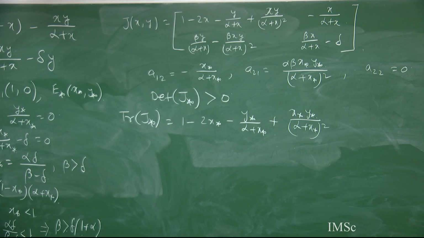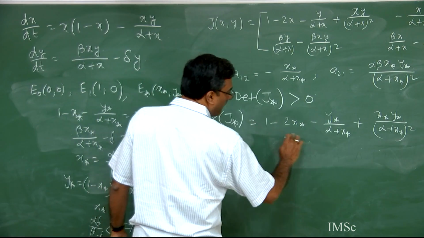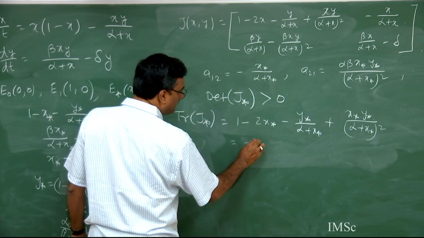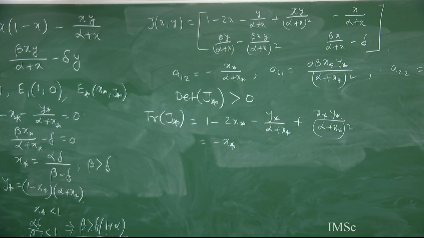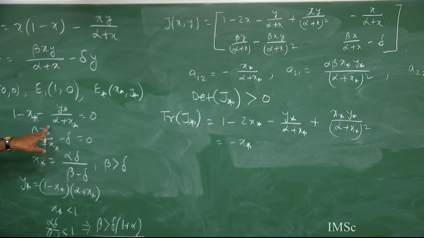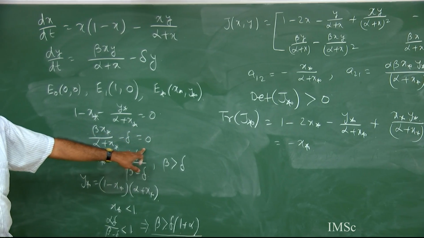First of all, you can take help of this result. So with this one, from this part you will be having only minus x star. Then from here you can write x star by alpha plus x star is equal to delta by beta.